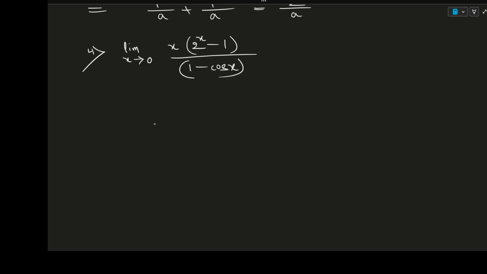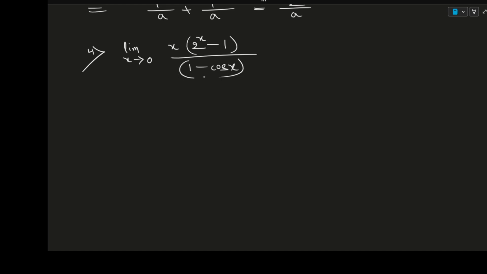So clearly you can see that in this function we have to use the exponential formula due to this part, and here a trigonometric function is also involved.